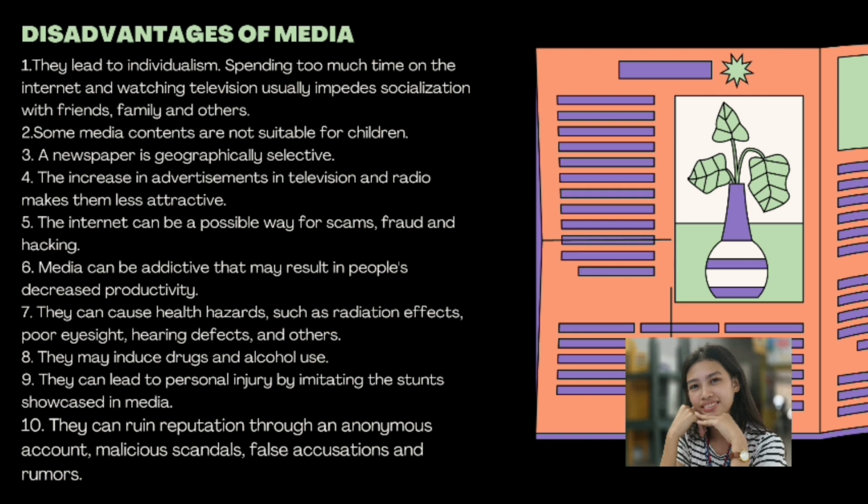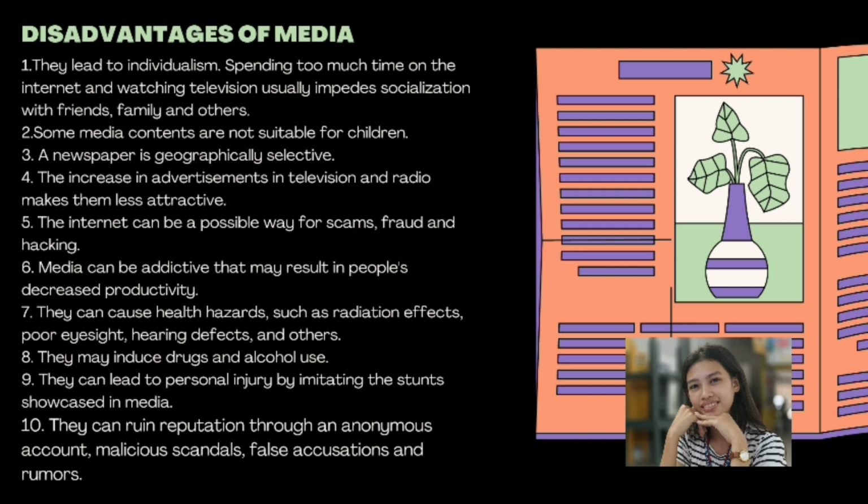So, second is some media contents are not suitable for children. Certain media contents like movies, TV shows, and video games may not be appropriate for children due to themes, language, or scenes that are too mature or intense for their age.